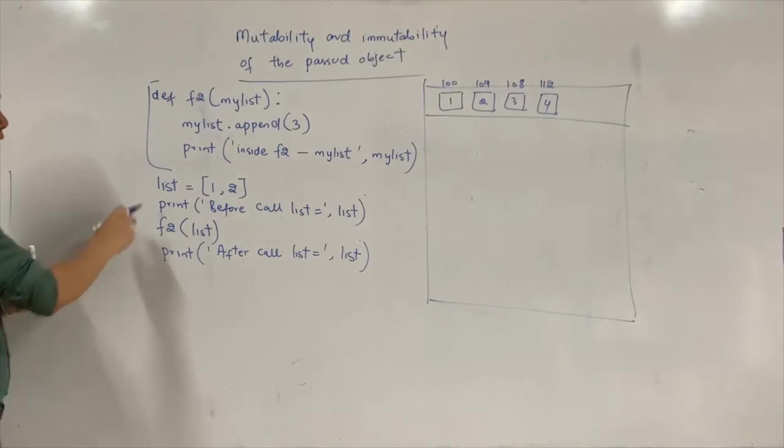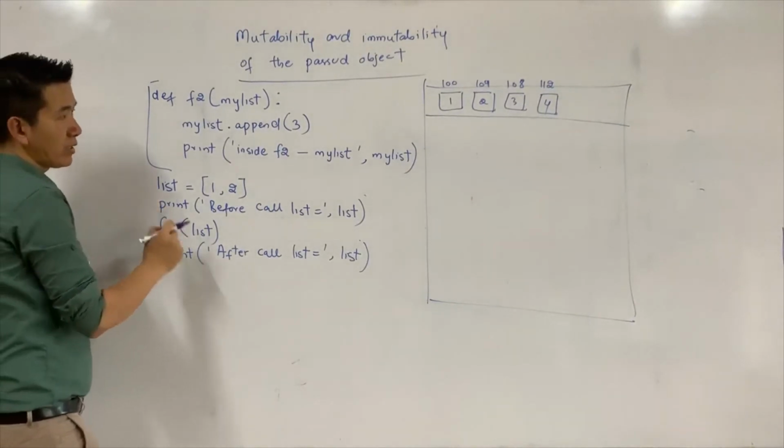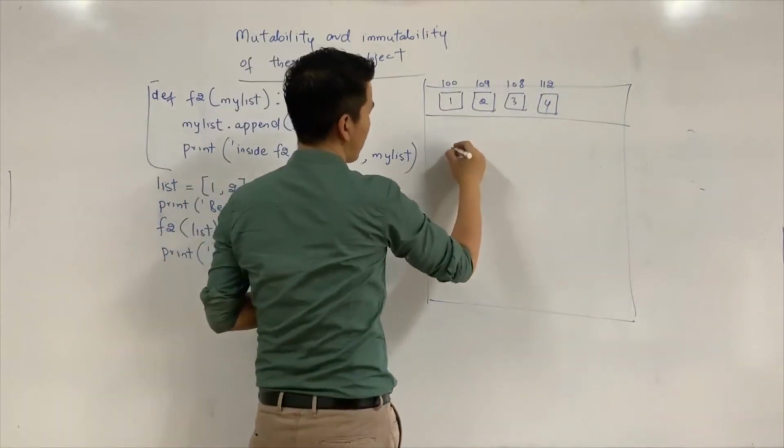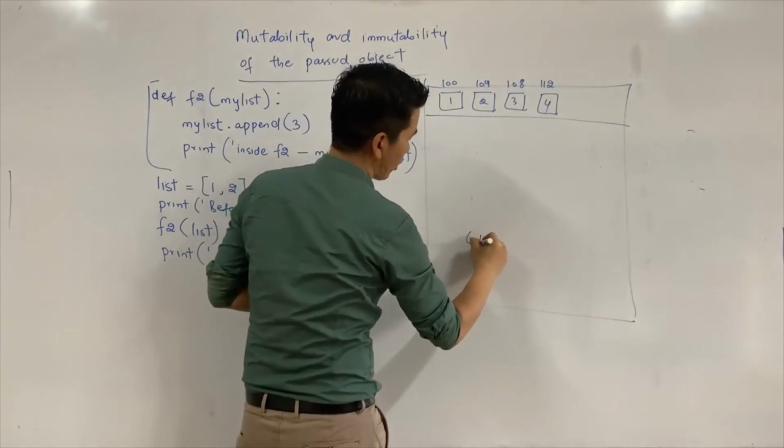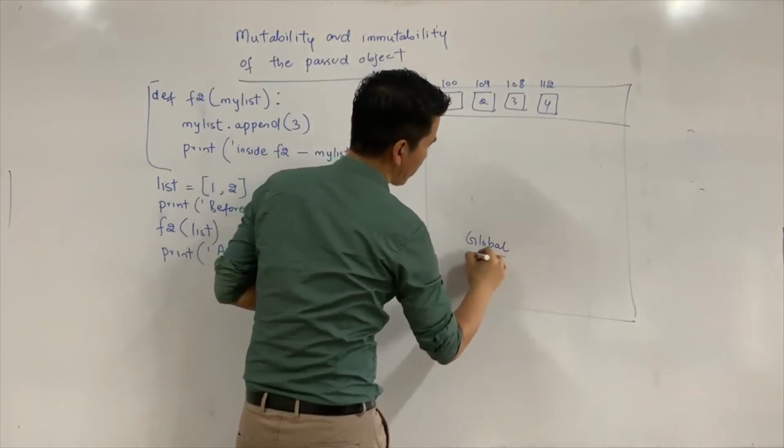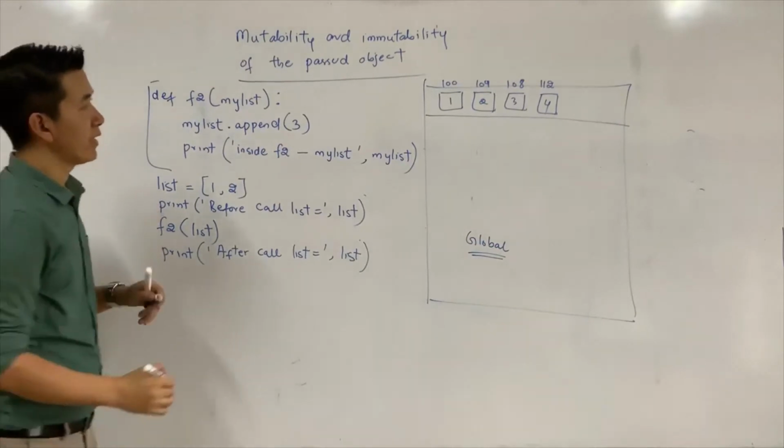So the moment the Python interpreter executes this, it creates the global environment, in which you have this list.